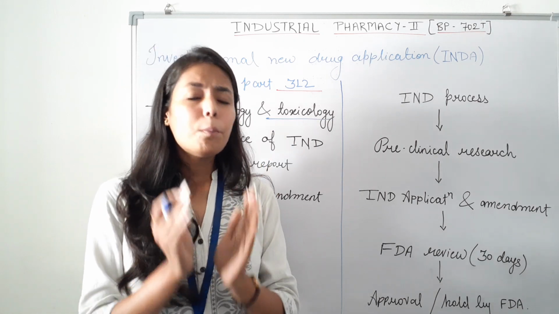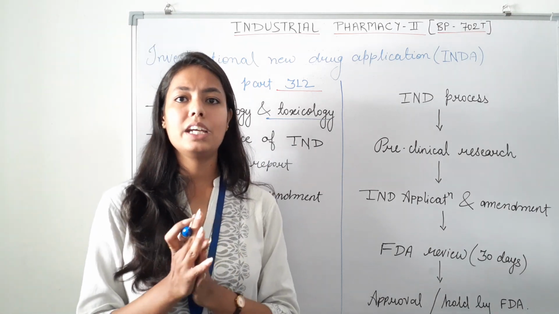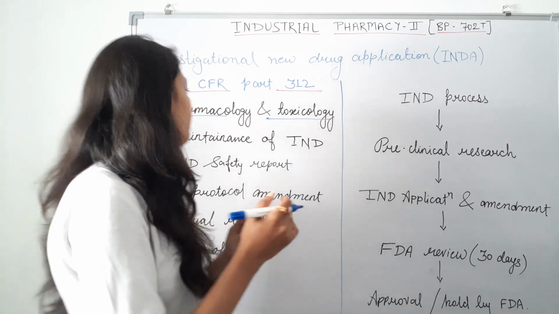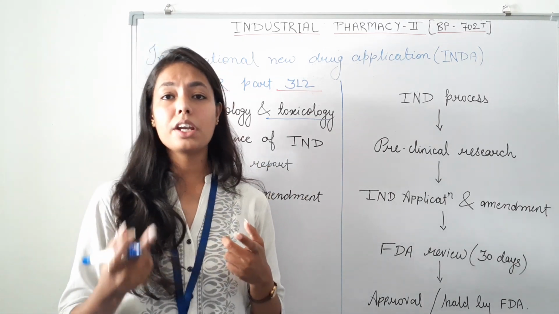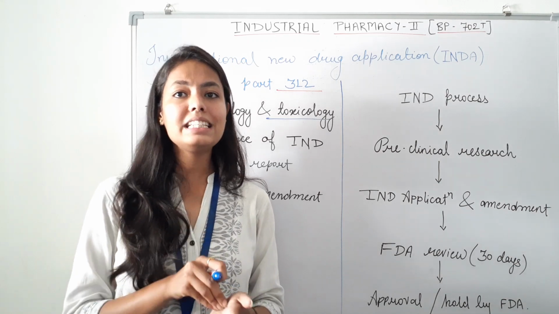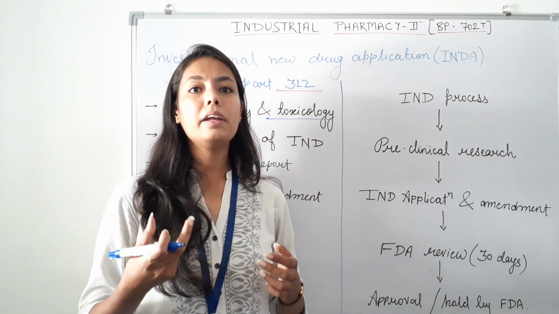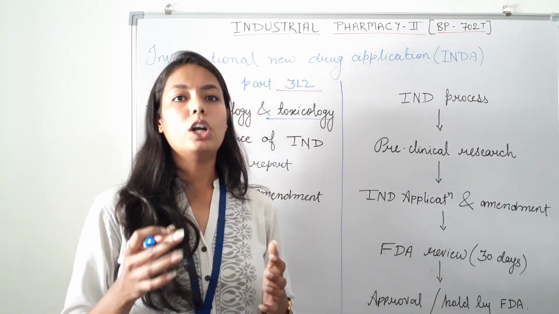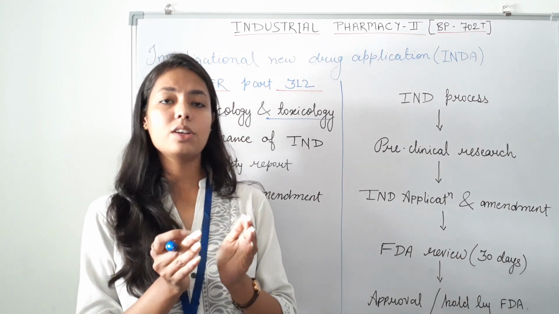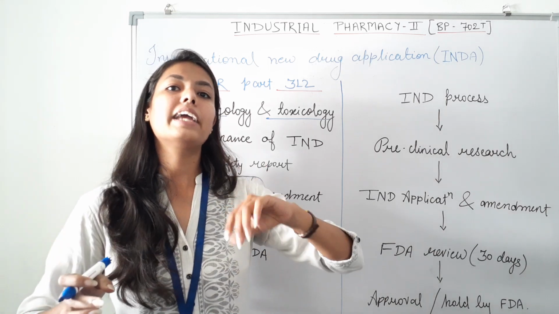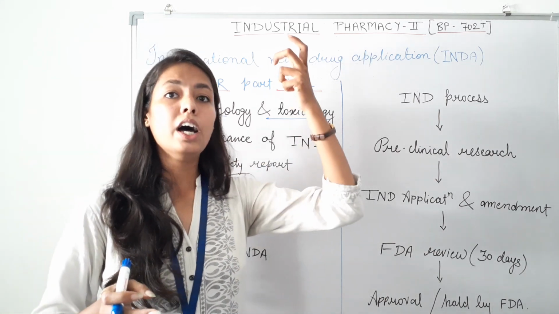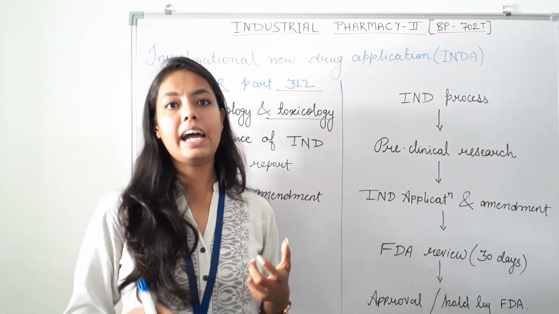Some other important information in an investigational new drug application is financial disclosure information collected for each investigator involved. That means how much money can be incorporated during the whole procedure of the clinical trial.